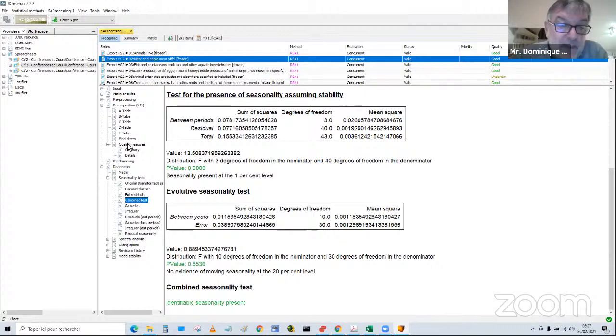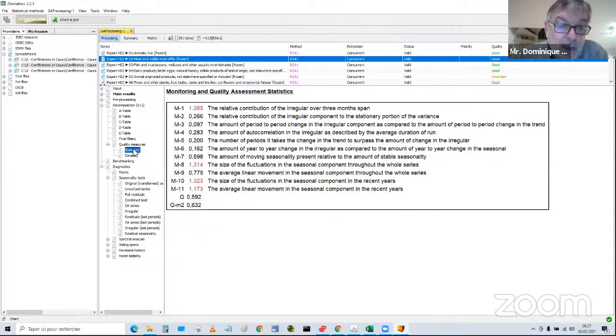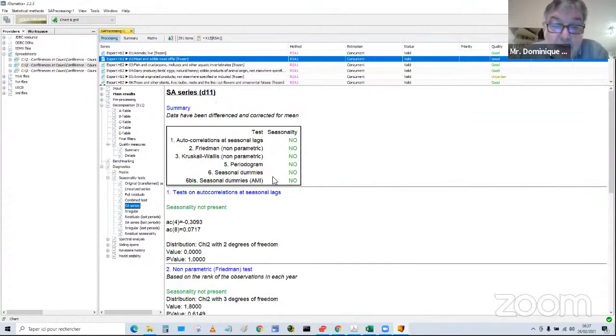If I go to the quality measures, as expected I have some problems at the end because the seasonal coefficients are moving pretty fast, but it's not a big deal because X11 does a pretty good job. So it's okay for me. And now I just have to check that I do not have a residual seasonal component in my series. I do not have. All the tests agree I have nothing.